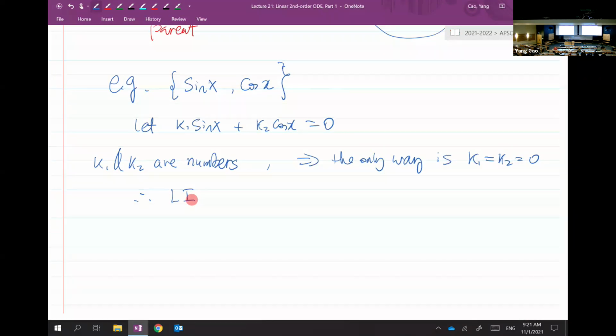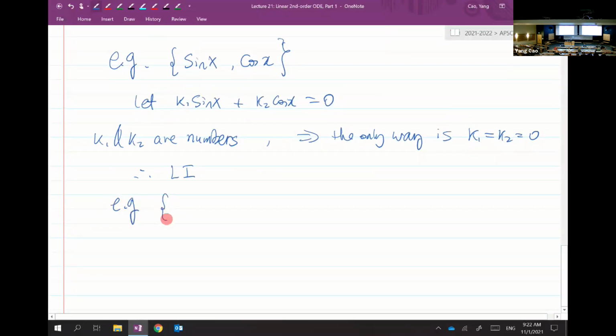This is actually a good result to memorize. When you have two sinusoidal functions, sine x and cosine x, they are linear independent.